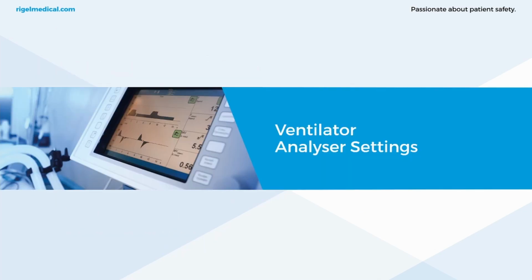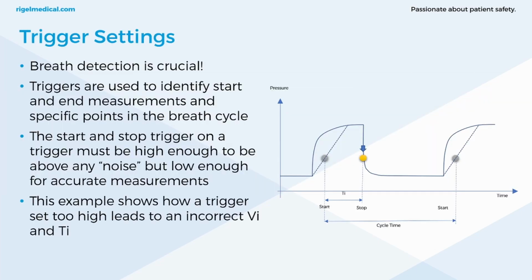Okay, so ventilator analyzer settings. Okay, so trigger settings. Here, breath detection is crucial. We need to establish the starting point for the start of the inspiration cycle, and also where the end of expiration is. They're used to identify the start and end measurements and these specific points in the breath cycle. The start and stop trigger must be high enough to be above any noise, but low enough for accurate measurements. It needs to be above this noise floor.